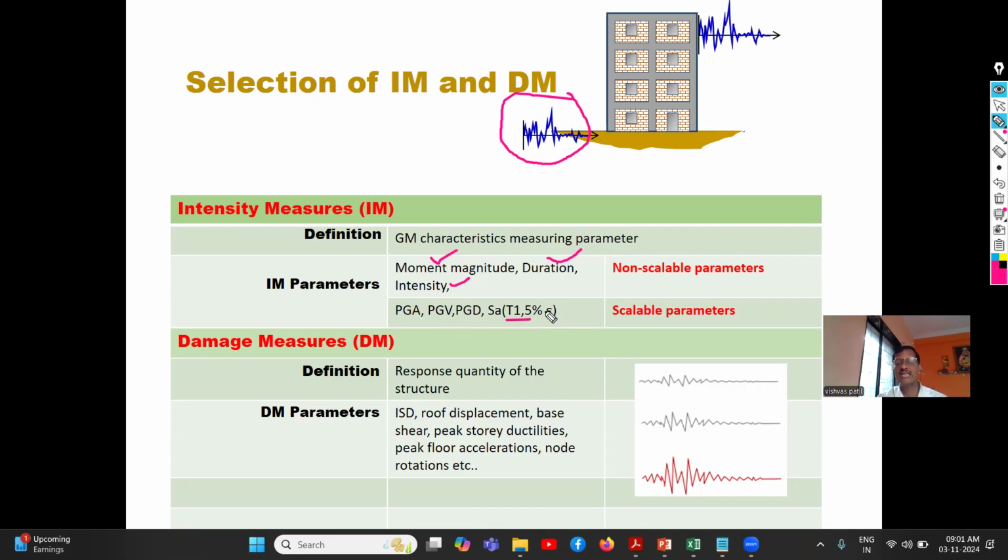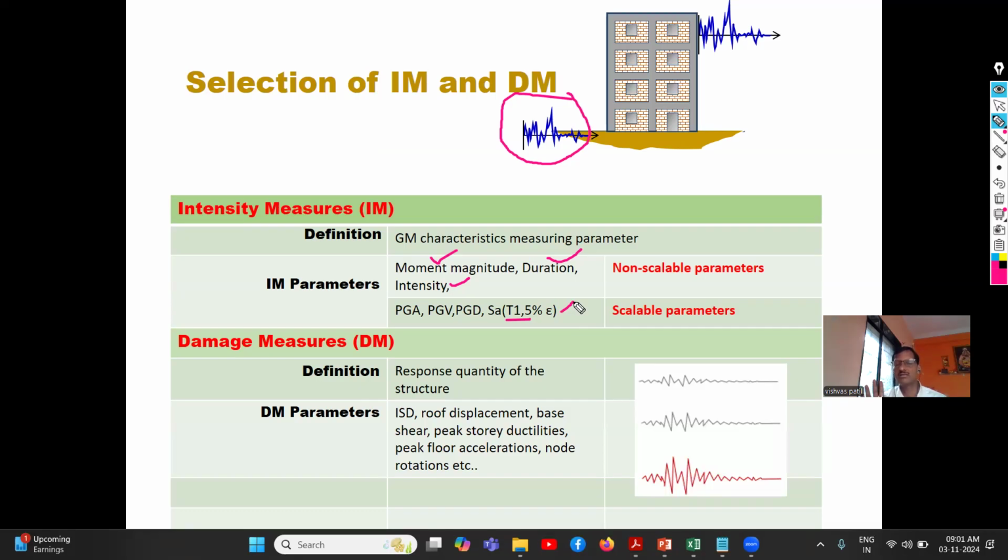Again, there is a selection. In the Vamvatsikos and Cornell 2002 paper, the description is given in detail of how to choose a particular parameter as an intensity measure. It depends on the type of structure we have taken for the analysis. If the structure is first mode dominated, that is, a regular structure, then Sa(T1) at 5% damping will be the right choice.